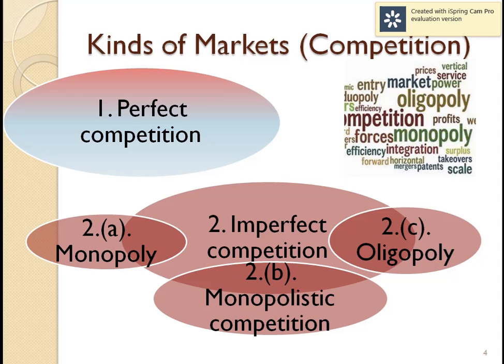Where there will be less knowledge, the number of buyers and sellers will vary, and there will be no independence for free entry and exit. So these are just opposite. One is perfect, the other one is imperfect competition. In this class I'm going to teach you in detail about the perfect competition market. So let's learn what is a perfect competition market.